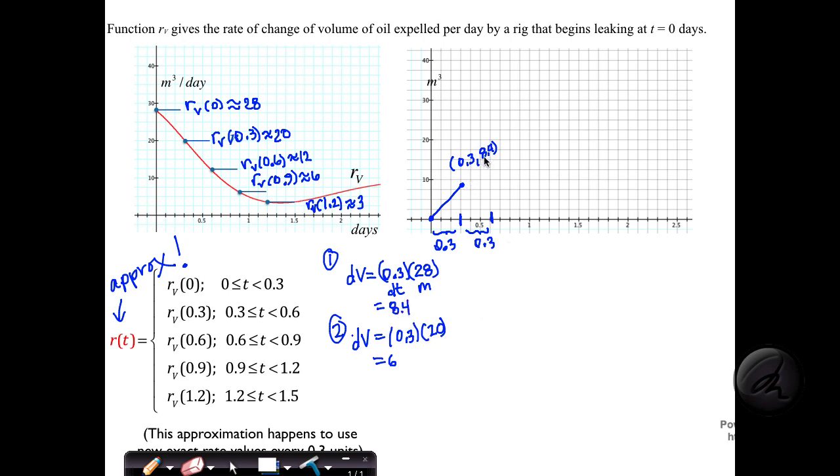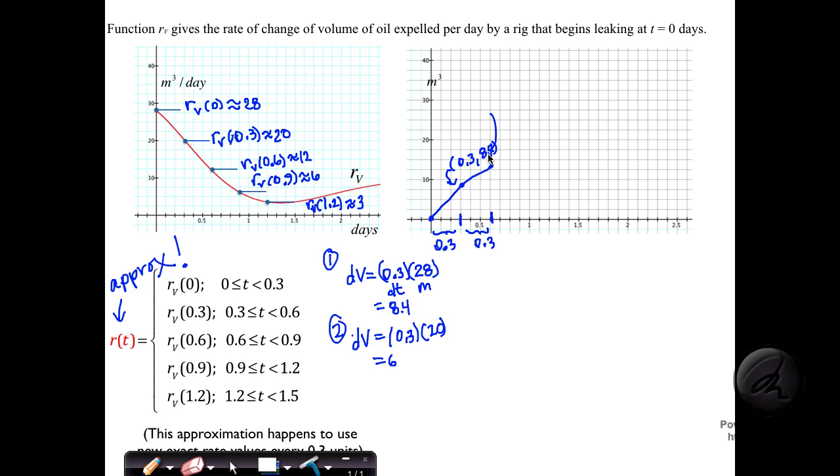So going up 6 from 8.4, well, this one was easy. I was starting from 0 and going up 8.4. Now I'm starting from 8.4 and going up by 6, 14.4. But you have to actually do some adding. So 14.4 is about there. So the second line segment here would not be as steep as the first one.